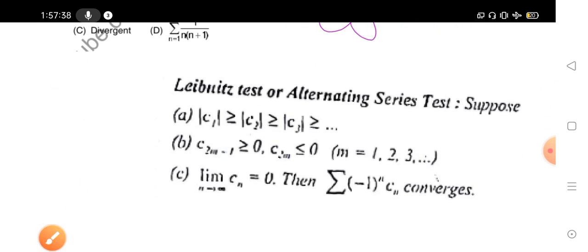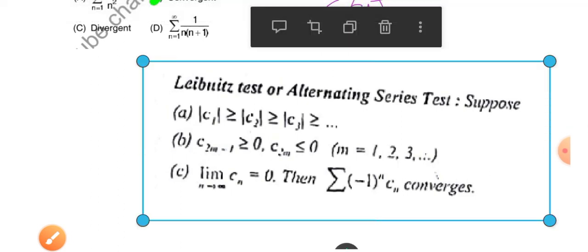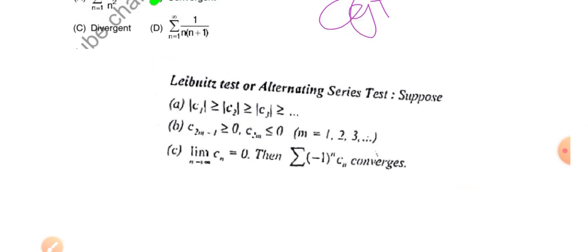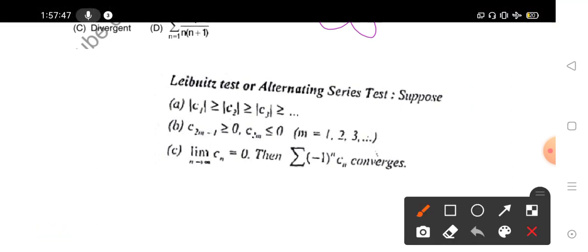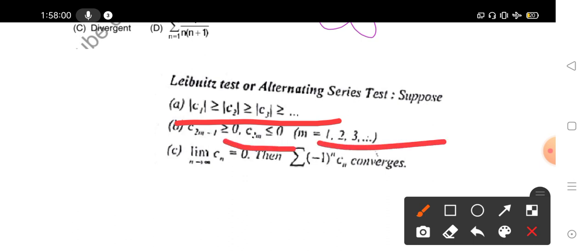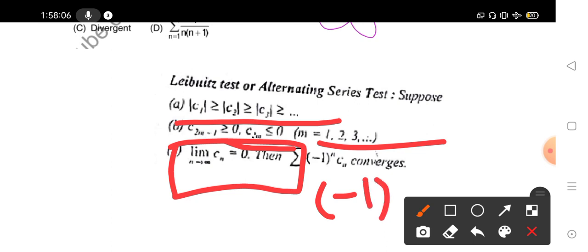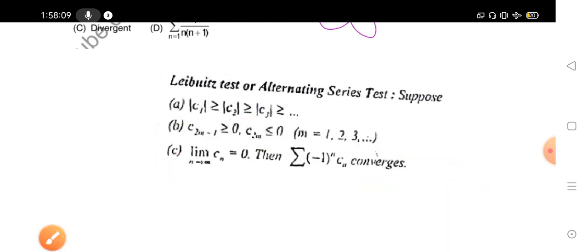One, Leibniz test or alternating series test: suppose modulus of C1 is greater than or equal to modulus of C2, modulus of C3, and C2m minus 1 is greater than or equal to 0, C2m is less than or equal to 0, and the limit n tending to infinity of Cn equal to 0, then the sum of minus 1 raised to n into Cn converges.